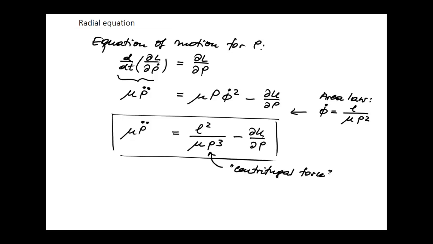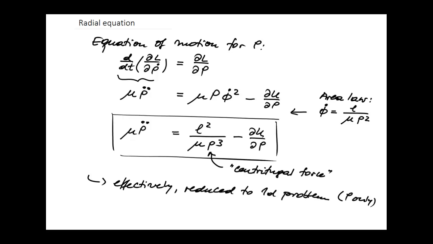And this is now an equation of motion for a single degree of freedom, for the rho. So after changing coordinates twice, you've effectively reduced the problem to a one-dimensional problem. That was step 2 of our procedure that I had outlined at the beginning, reducing it to a one-dimensional problem.